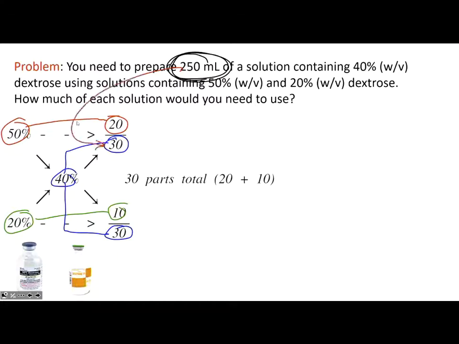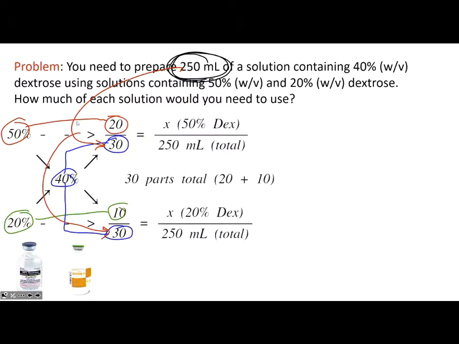So that's the same as this, which is the same as this down here. So all I have to do is set those proportions equal to some unknown amount in the top. If we just focus on this part up here, I don't know how much 50% to use, but I know what the total volume is going to be. My 30 parts represents 250 mils.